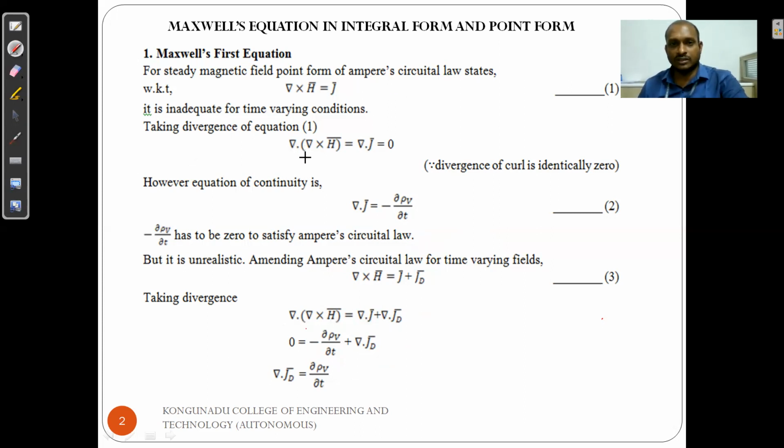Taking divergence on both sides, del dot J is equal to 0 because the divergence of curl is identically 0, and also the continuity equation gives del dot J equal to minus dou rho v by dou t. For the time varying magnetic field, del cross H is equal to J plus JD; taking divergence on both sides, finally we get del dot JD is equal to dou rho v by dou t.